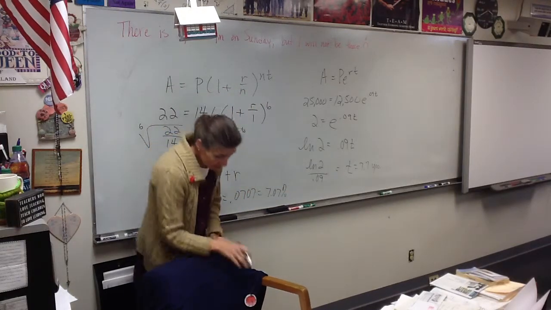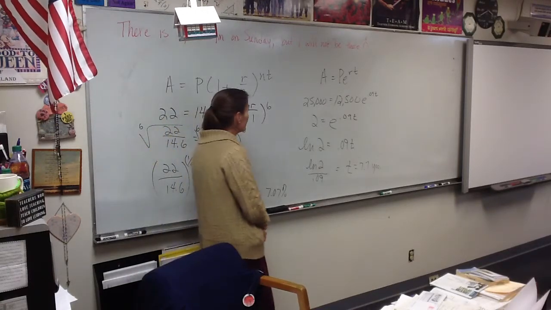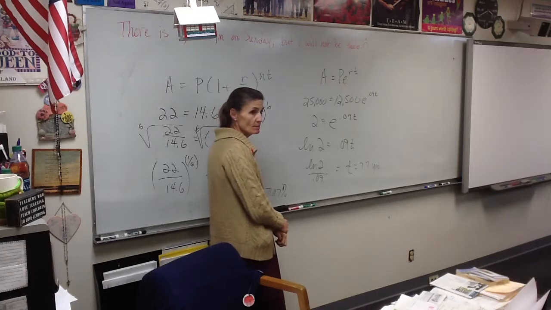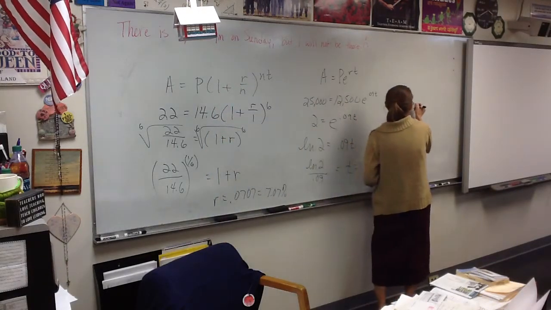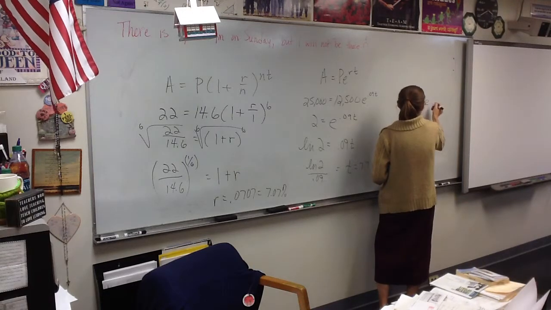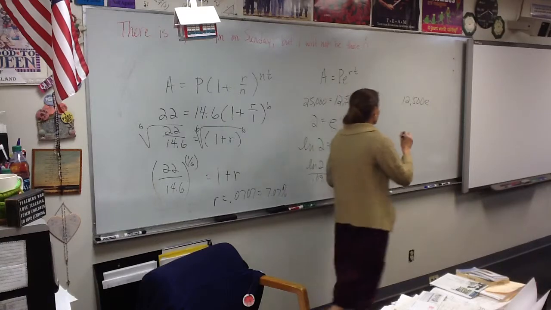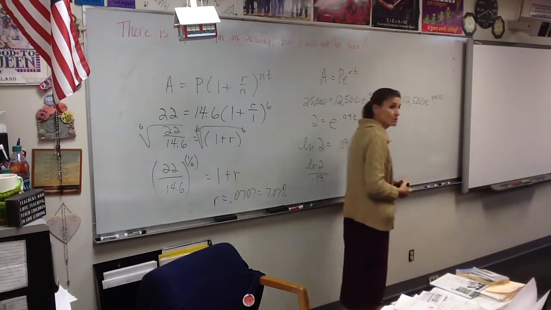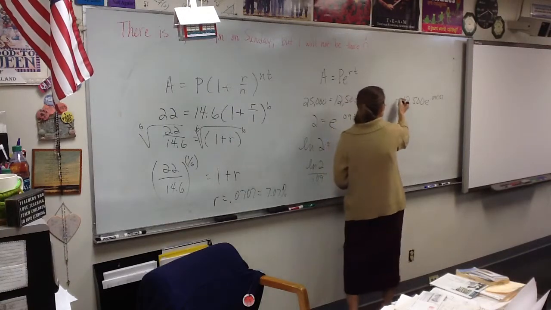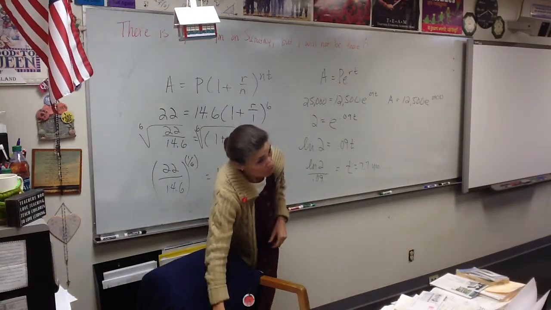Then it's a two-part question. It says, how much will you have in 15 years? You're still starting with the same amount. Now we know our interest rate, and we know the time of 15 years, and we want to know how much we're going to end up with. Do I need logarithms?